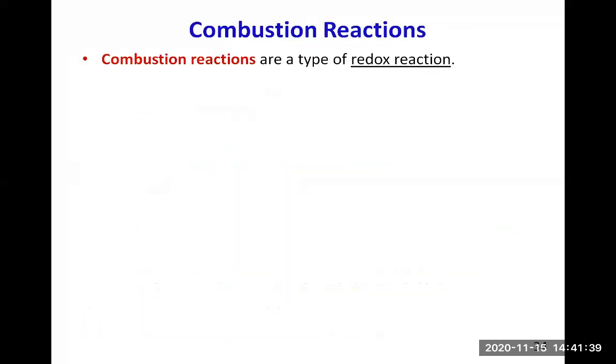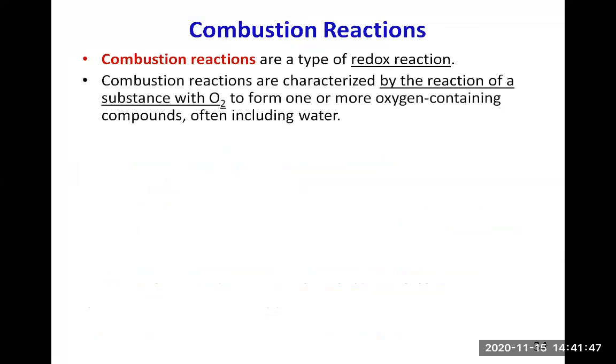Let's continue with combustion reactions. So combustion reactions are a type of redox reactions. They are a subtype of oxidation reactions. So combustion reactions are characterized by the reaction of a substance with oxygen. It's always oxygen reacting with something else that you have in a combustion reaction, and you're forming one or more oxygen-containing compounds, often including water.